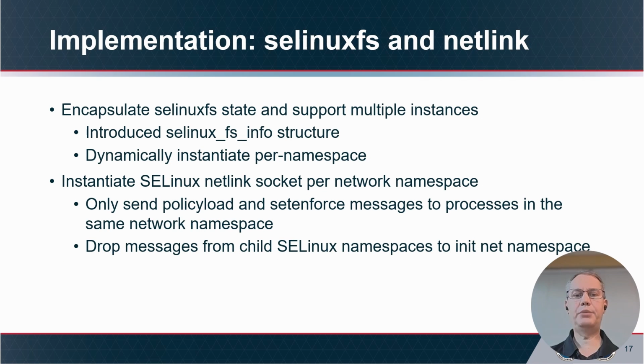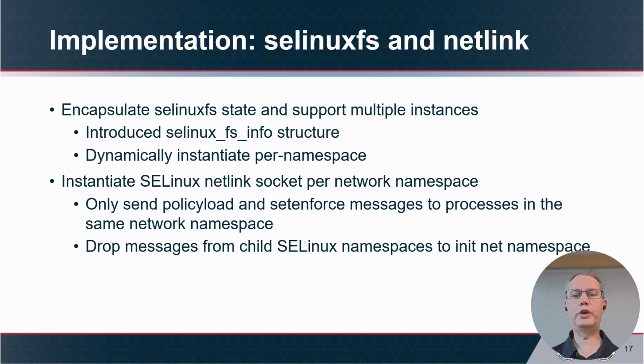In addition to encapsulating the global SELinux state, it was also necessary to encapsulate the SELinux FS state as part of this work. This too was done by creating a new data structure, capturing that state, and then introducing support for multiple instances of the structure, including the ability to dynamically instantiate it on a per namespace basis.